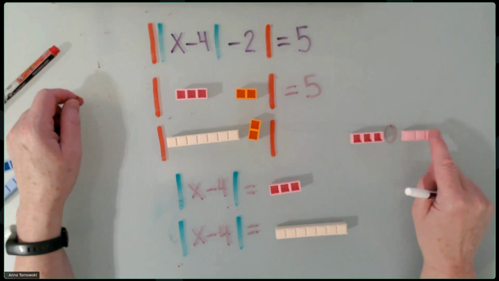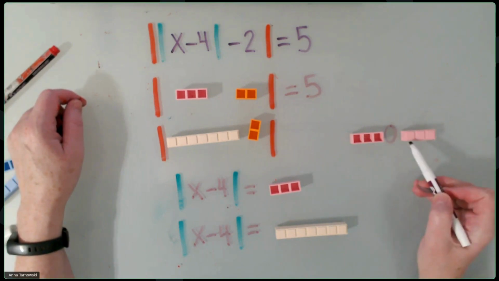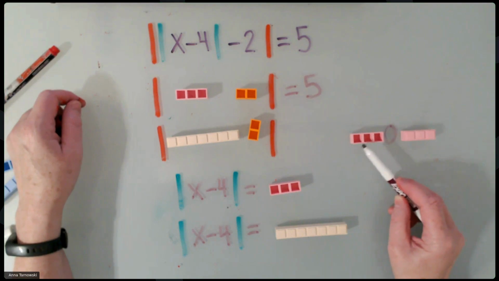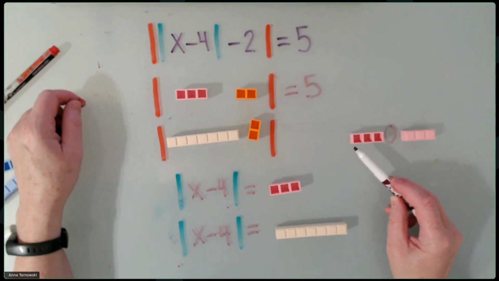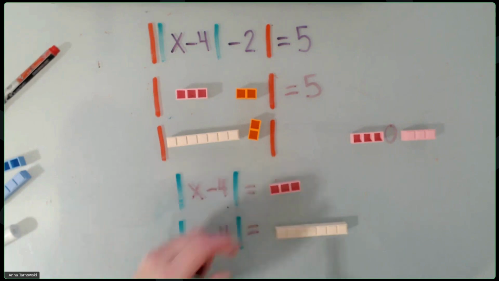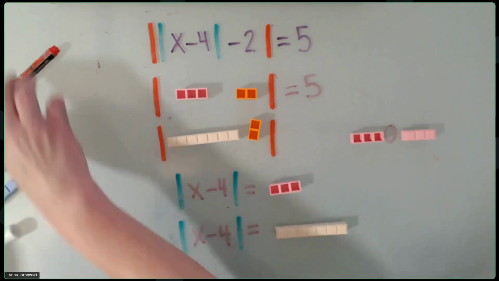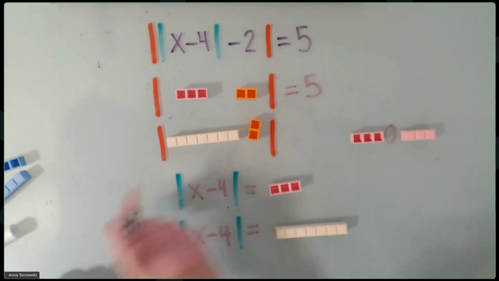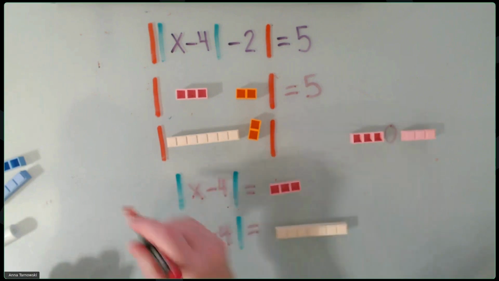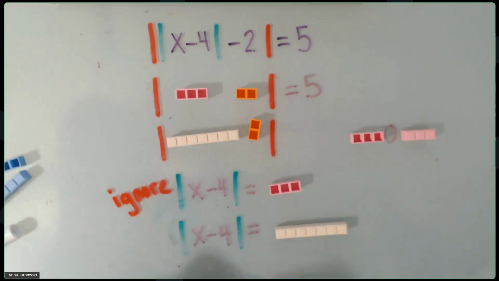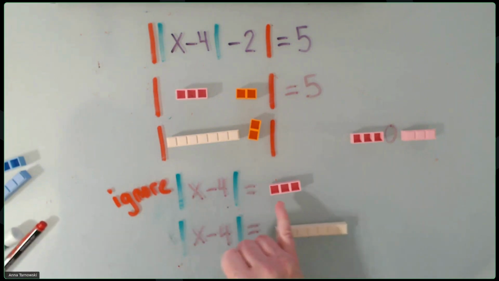We say we go 1, 2, 3 steps from zero. So there's no value of x that can make this statement true. So we ignore this, because there's no value of x that can make us have negative 3 steps from 0.